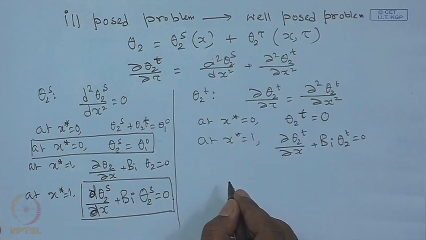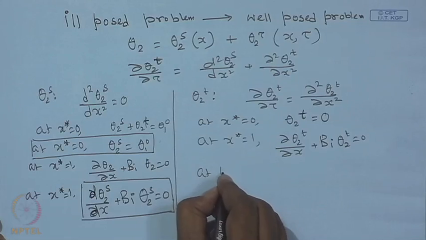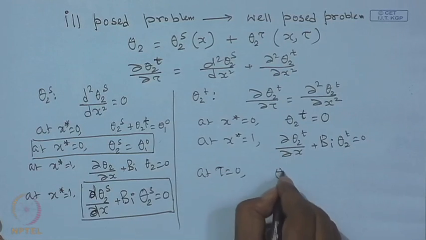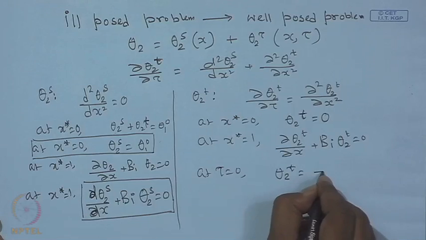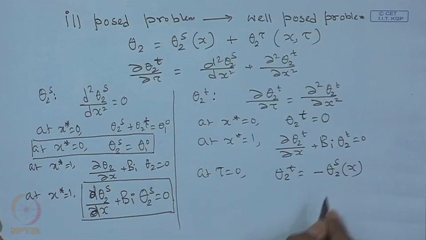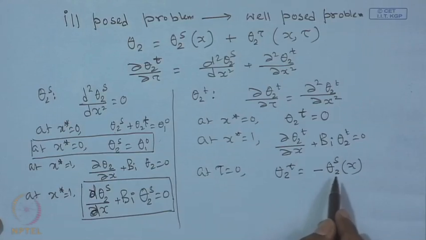Now, look into the initial condition at tau is equal to 0, theta 2 was equal to 0, therefore theta 2 t will be nothing but minus of theta 2 s, which is a sole function of x, and that is the solution of the steady state part.